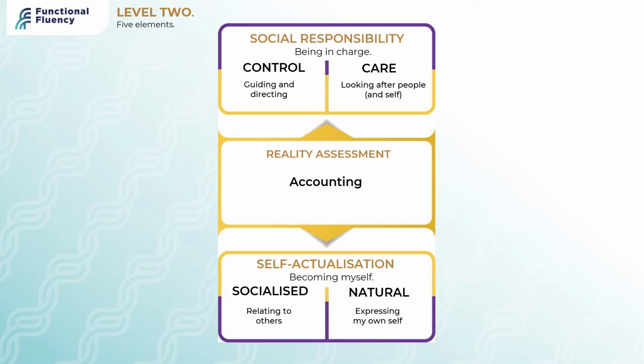And reality assessment is all about accounting, being alert and aware and evaluating what's going on and deciding how to make use of that in order to choose the most effective ways of behaving. Susanna describes this as using head, heart and guts to take account of what's going on in the present situation.